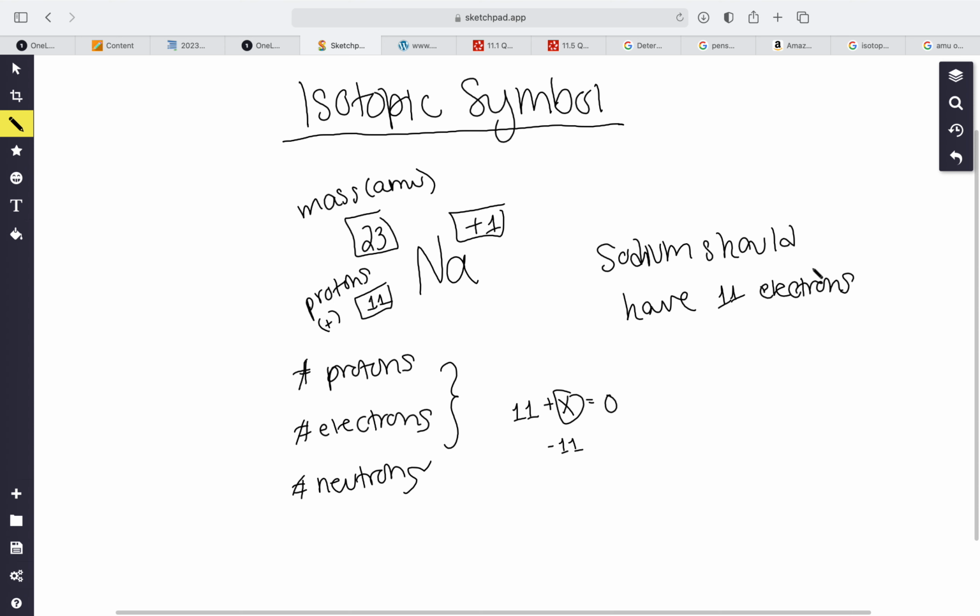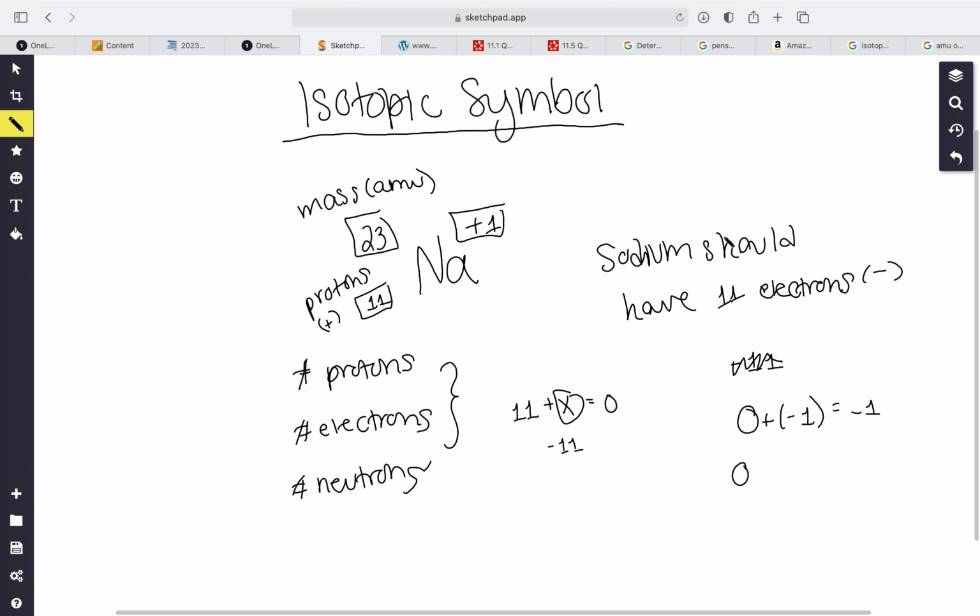So because electrons have a negative charge, we need 11 of them. So we should have 11 electrons, right? So 11 electrons would look like minus 11, and that's to make it neutral, right? So with 11 electrons, we have a neutral charge. If we were to add on an electron, we would say plus minus 1 because it has a negative charge, and that element will become -1.